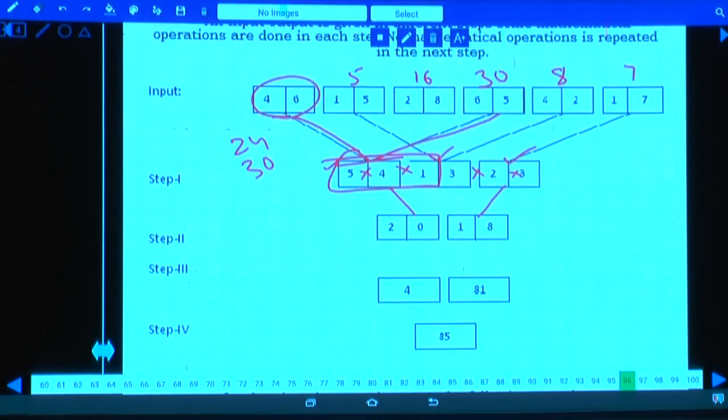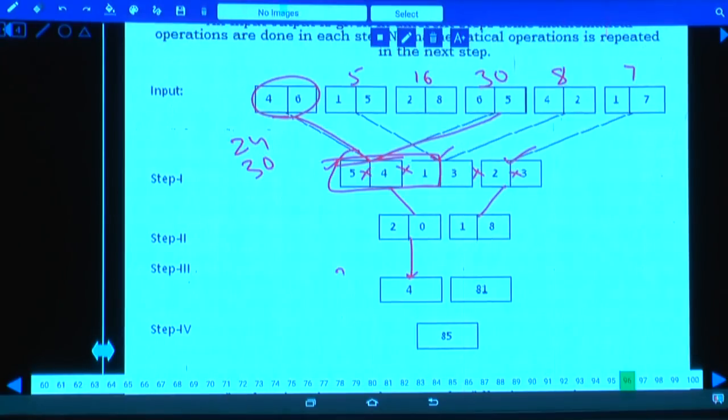Then how will you get 4 from 20? 2 plus 0, and its square. For 18, 1 plus 8 and its square, 81. And finally, how will you get 85? The sum of 4 plus 81 is 85. Done with this?